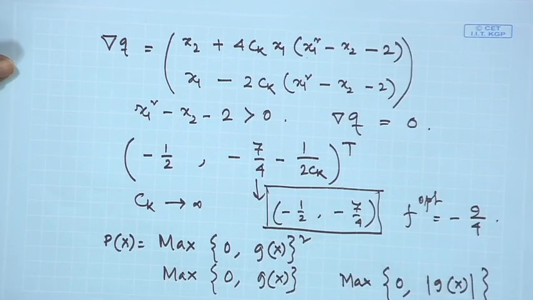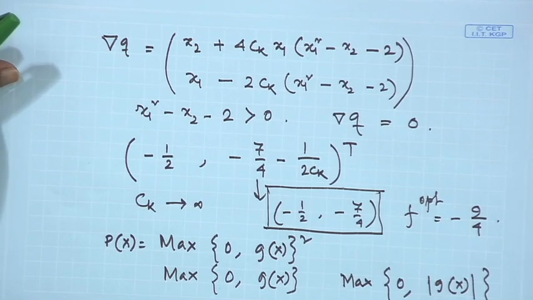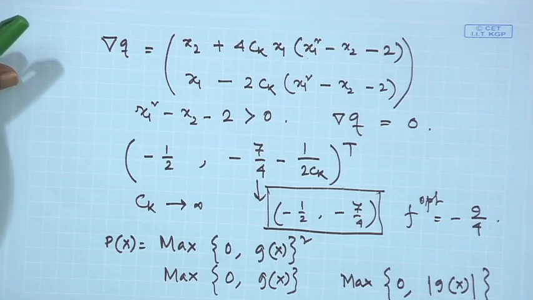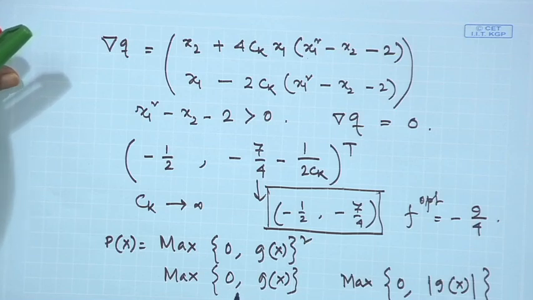Okay? That exercise you need to do, because there is no single penalty function. The penalty function for the exterior penalty method can be different, and if we change the penalty function, the Q function and the pattern of Q will change, but still we need to check whether we are reaching the same solution or not.